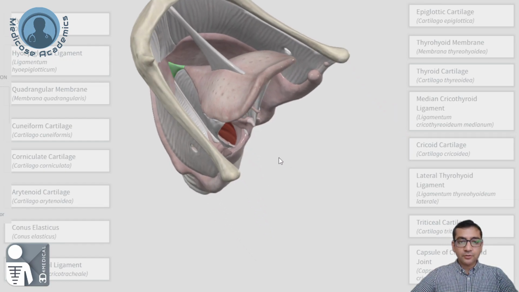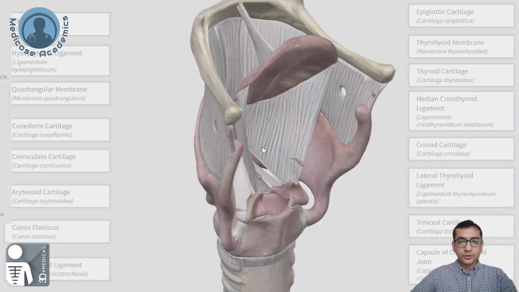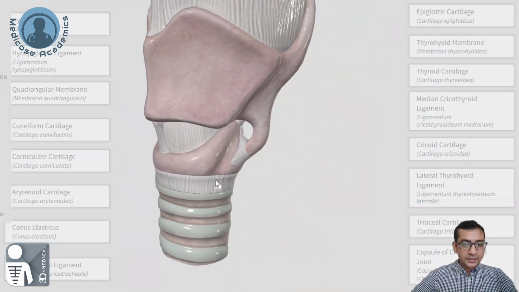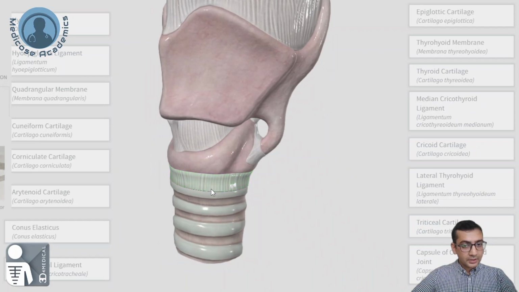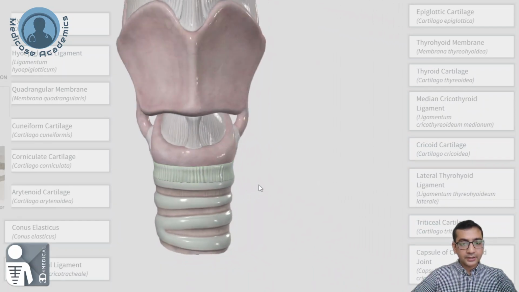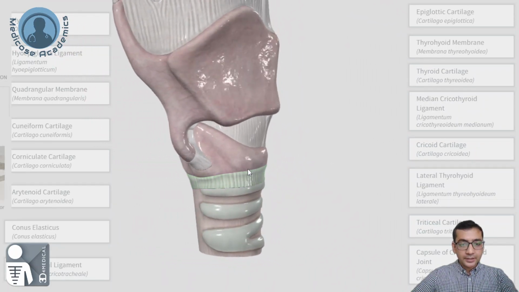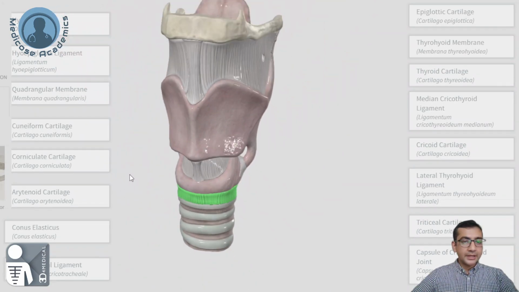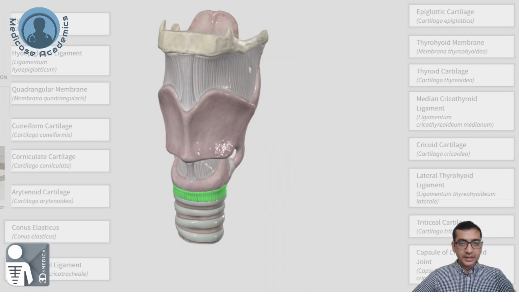So these are the ligaments that we will be discussing, and of course there is also the membrane joining the cricoid cartilage with the trachea below. It is a complete ring of membrane that is joining these two structures. So these are the membranes and the cartilages that are forming the skeleton.